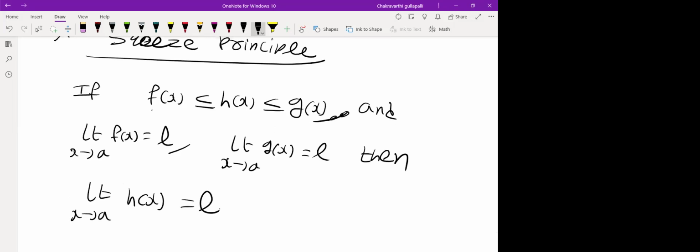Something less is approaching L, something greater is approaching L, then in between also will approach L. This is what is called the squeeze principle. This also we often use.